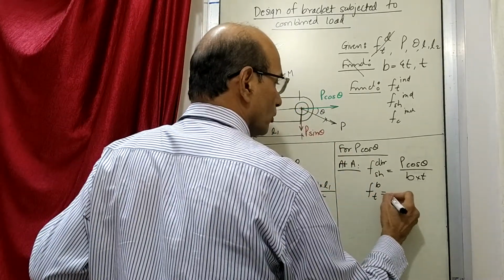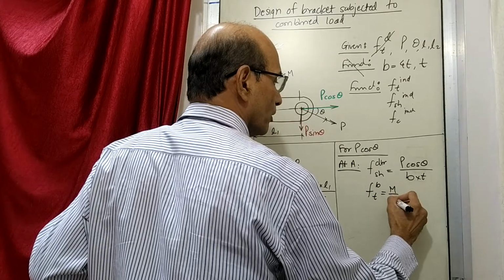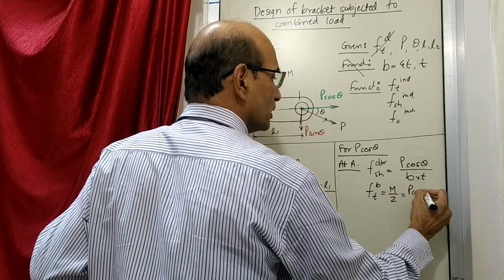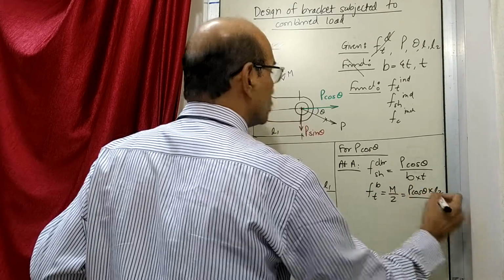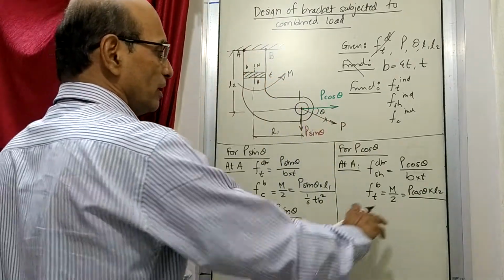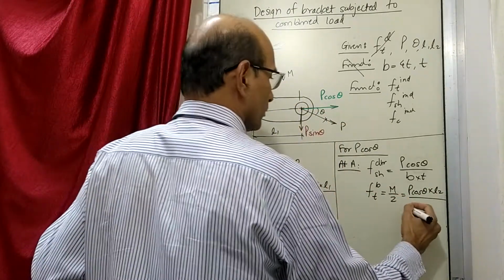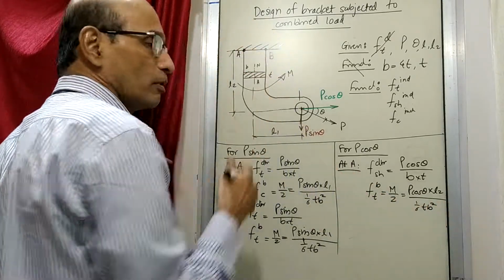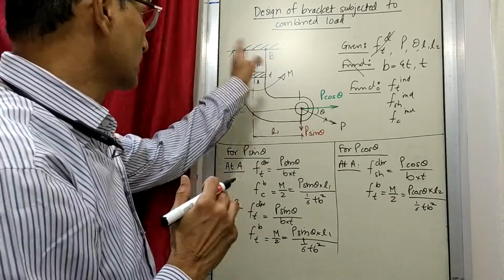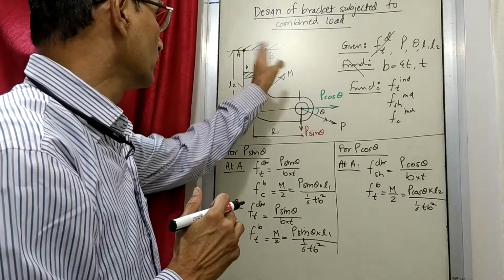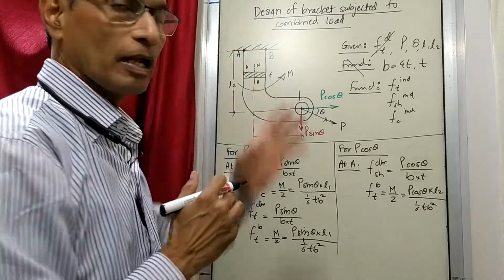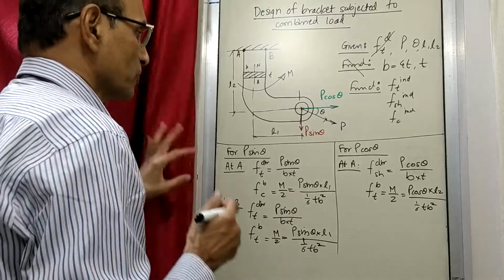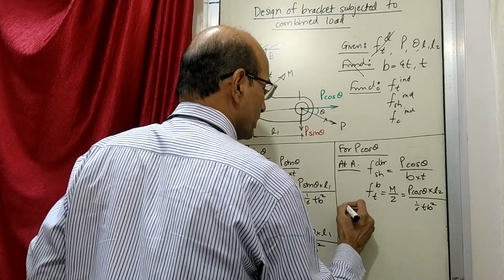So bending effect will be of tensile type, and it is equal to P cos theta multiplied by L2, and then the section modulus will again come the same, 1/6 of TB square, because neutral axis will remain the same. On this side there is a tension, on this side there is a compression, and at neutral axis there is no stress.